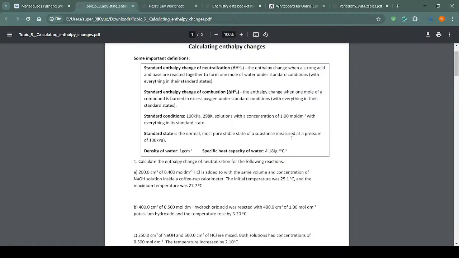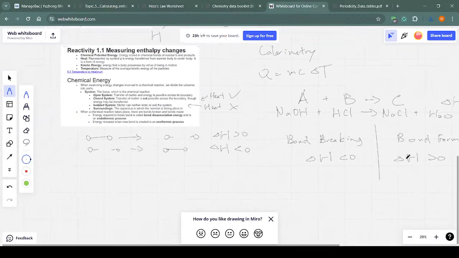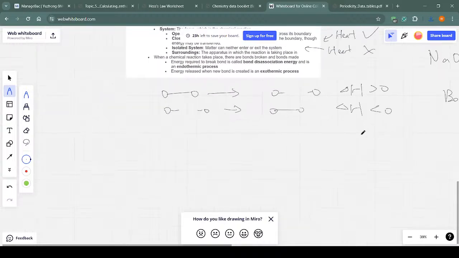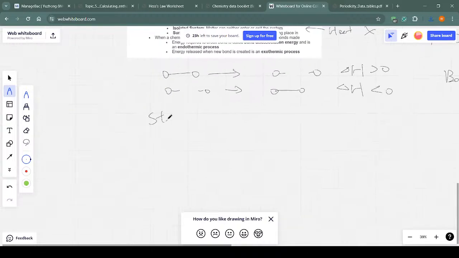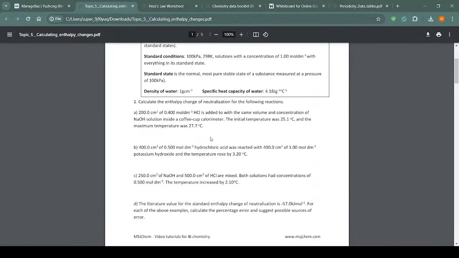Density of water, specific heat capacity. Oh, so standard enthalpy is when you have to convert it to per mole. So enthalpy is energy per mole. Yep.